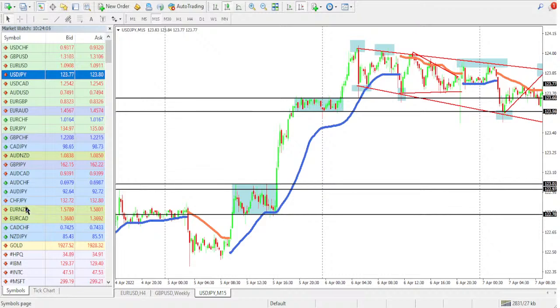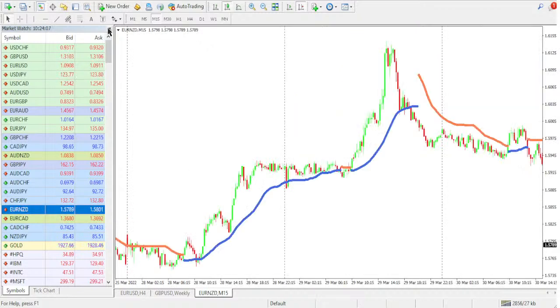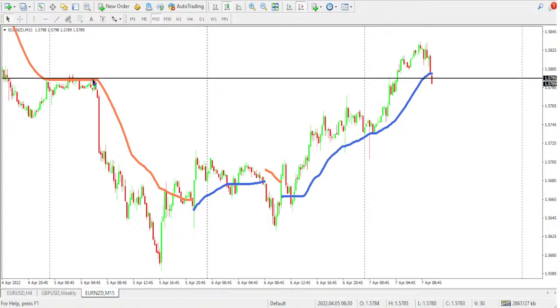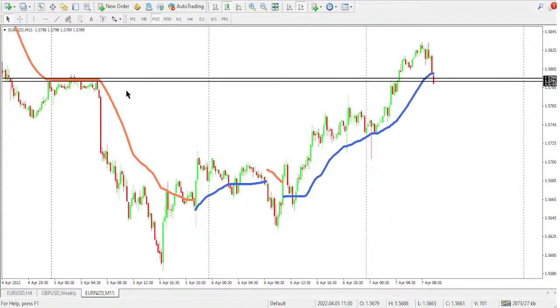Today I want us to look at Euro NZD also. So you can see what's happening on it. We were in some uptrend. There is a very good horizontal level there. We have a very good horizontal level there.